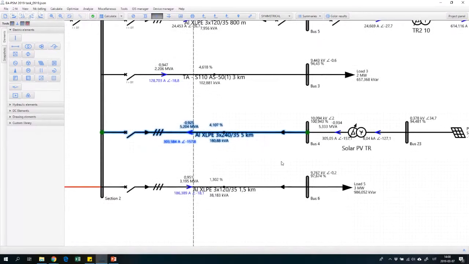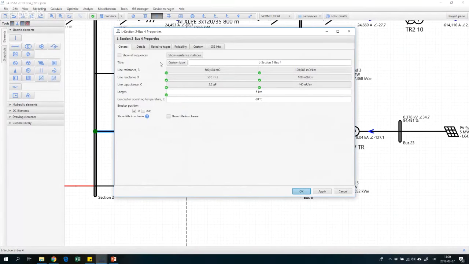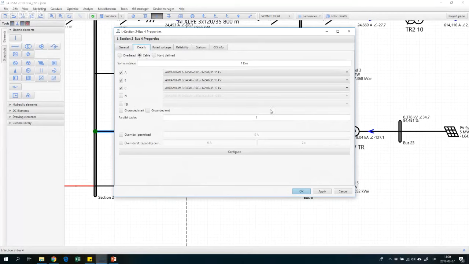So in this case, we might want to check how power losses will be affected if we increase, for example, the cable cross-section area. So let's open the existing cable and go to details. Here we can select parameters for the cables.